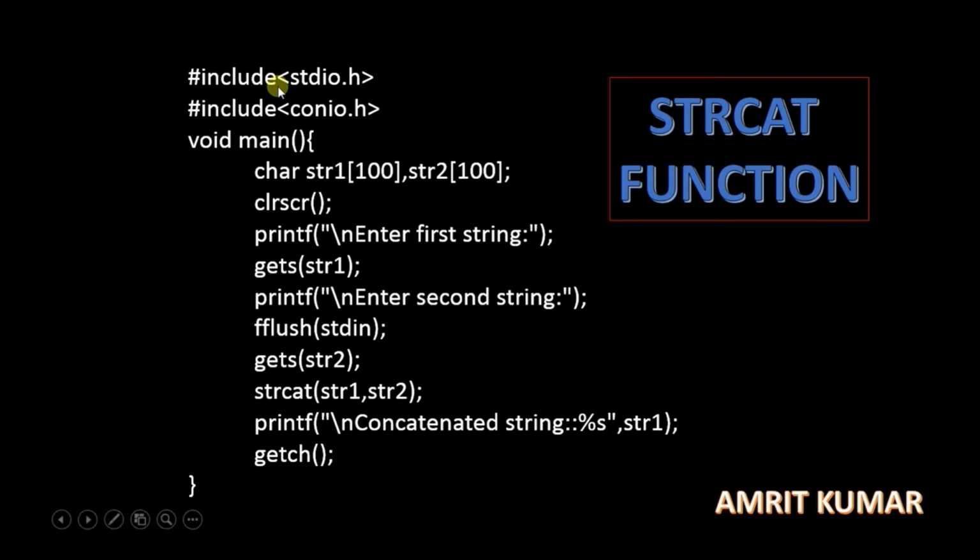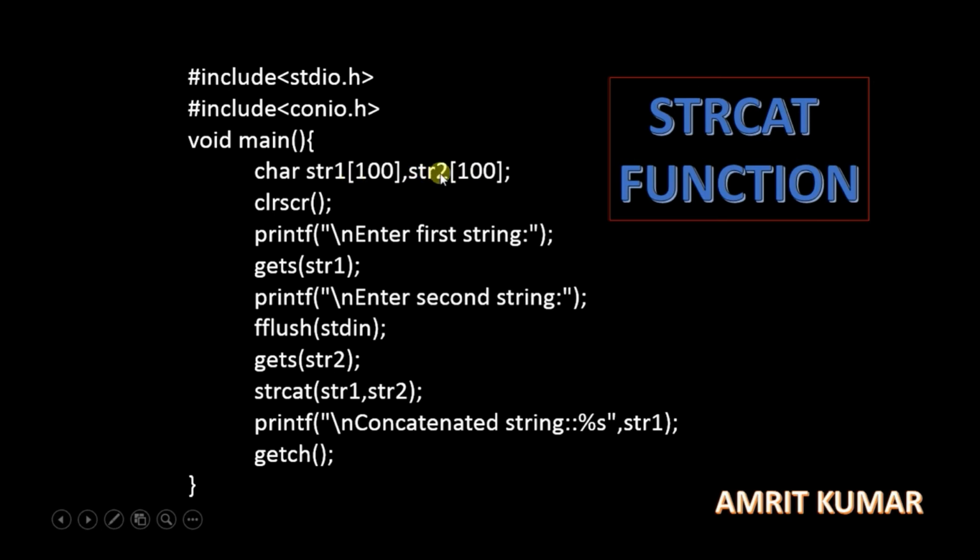This is #include stdio.h and this is #include conio.h. stdio stands for standard input output header file and conio stands for console input output header file. After these two header files, I am using the main function, which is void, so it is not going to return anything. Inside main, I am declaring two arrays, str1 and str2, of size 100, of character data type.